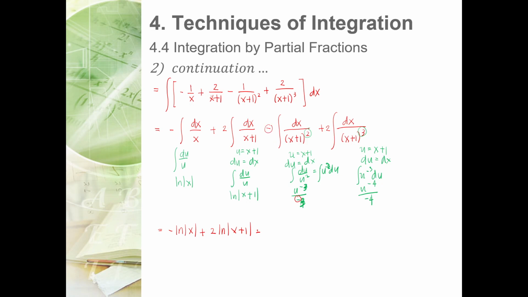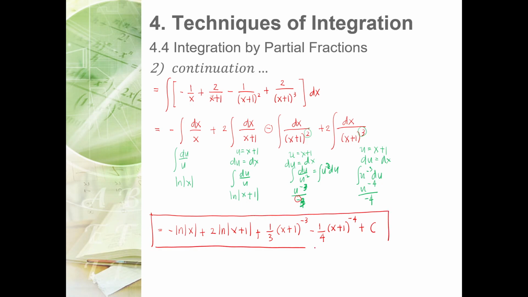So plus 1 over x plus 1 to the power of negative 1, then the fourth one would be negative 1 over 2 times x plus 1 to the power of negative 2 plus c. And that would be your final answer.